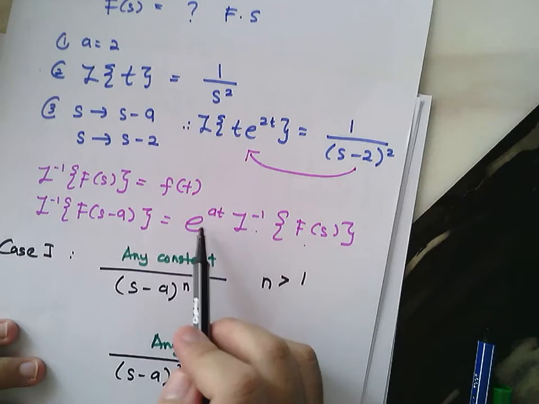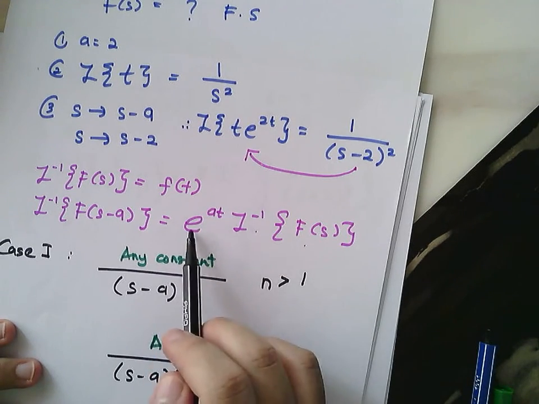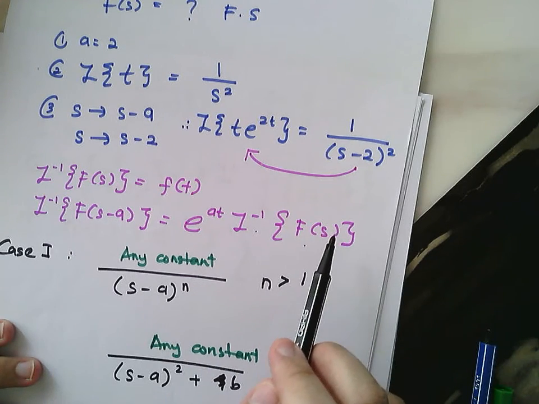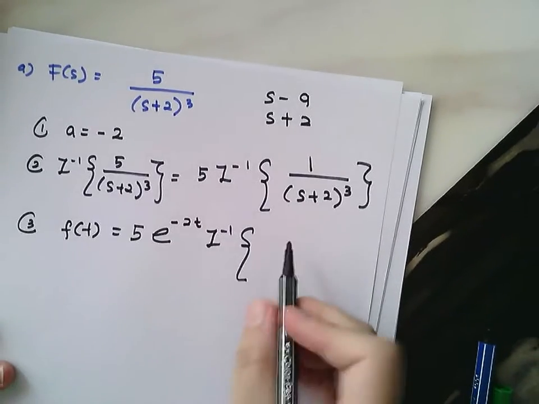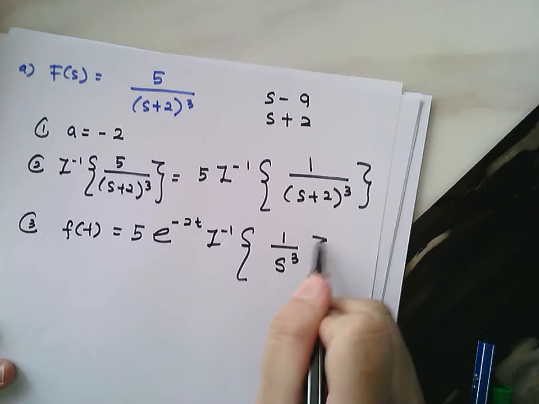So as you can see here, when you have the exponent, you already have the exponential term. S minus a you will replace by s. Okay, so here you will have 1 over s cube.